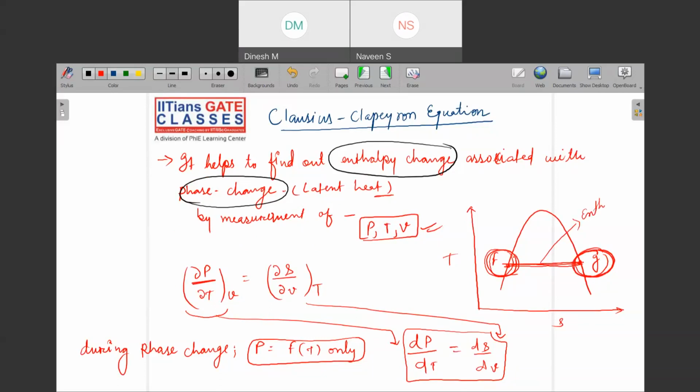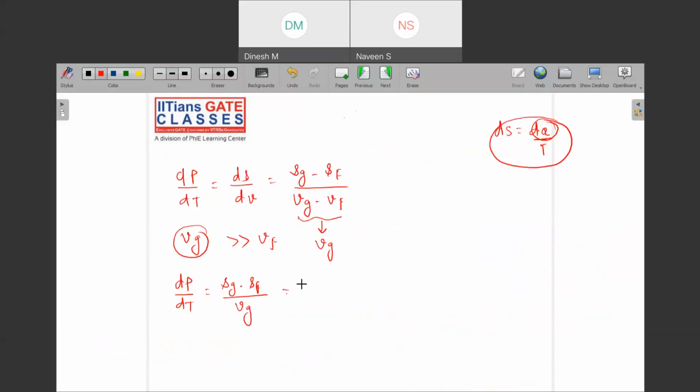So Sg minus Sf is equal to dS, and dS is dQ upon T, and dQ is Hg minus Hf upon T. In short, I can write this as Hfg, the latent heat of evaporation, divided by T. So I can write this directly as Hfg upon T into Vg.